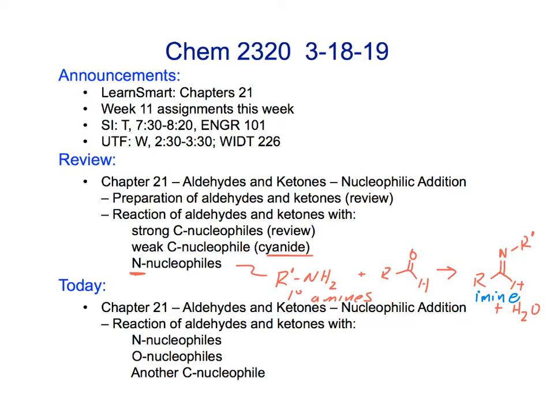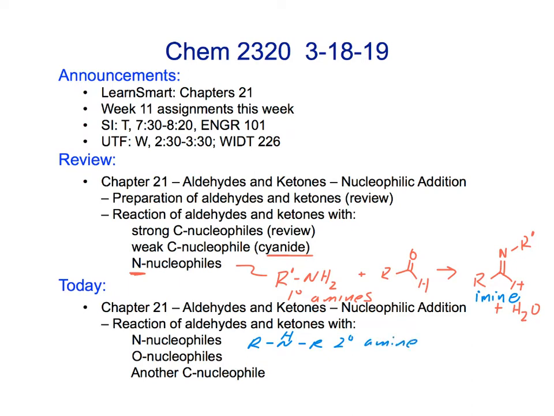So what we're going to do today, I'm going to show you that mechanism real quick, but we're not going to spend a lot of time on it. And then we're going to look at a very similar reaction between an aldehyde or ketone and a secondary amine.